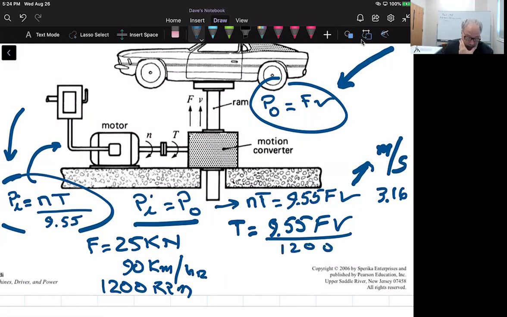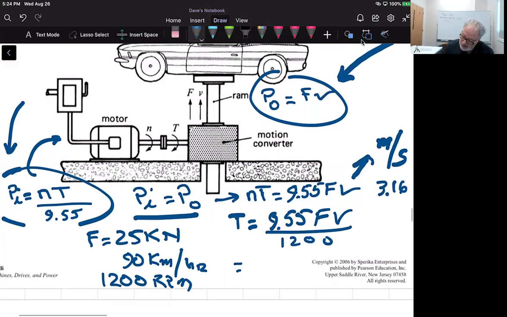And we replace F with the 25 kilonewtons, so 9.55 times 25K.